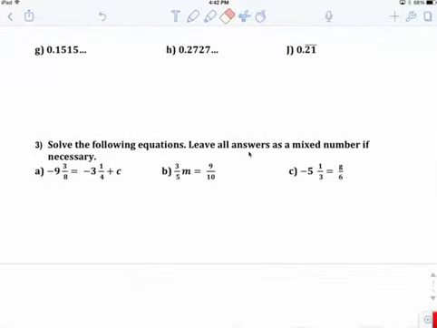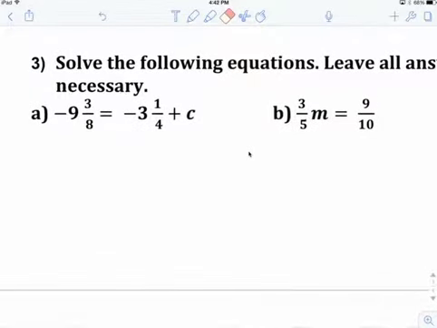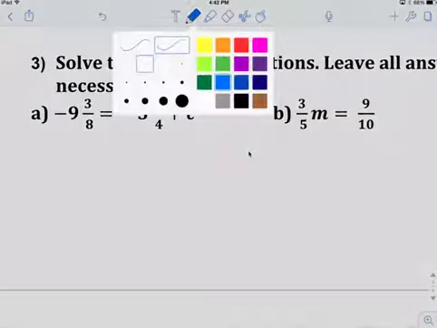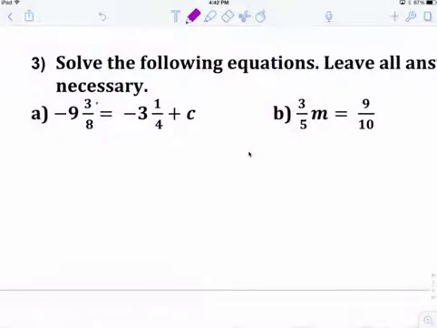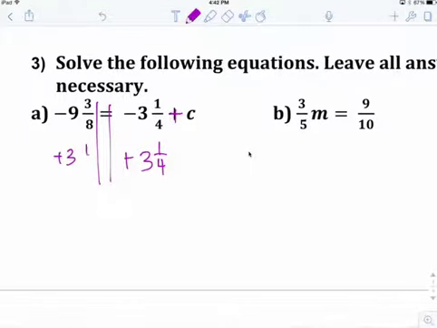Okay, now solve the following equations. If you've forgotten, you need to make the side of the variable the number equal to 0. If there's a plus, so -3, if I subtract 3, I get -6. That would be wrong. So I have to add 3 to get 0. Add 3 1/4 to get 0. So if I add 3 1/4 to both sides, I get 0.